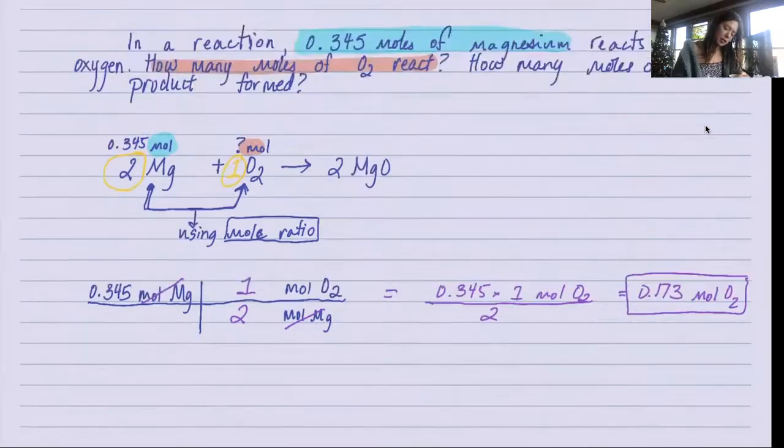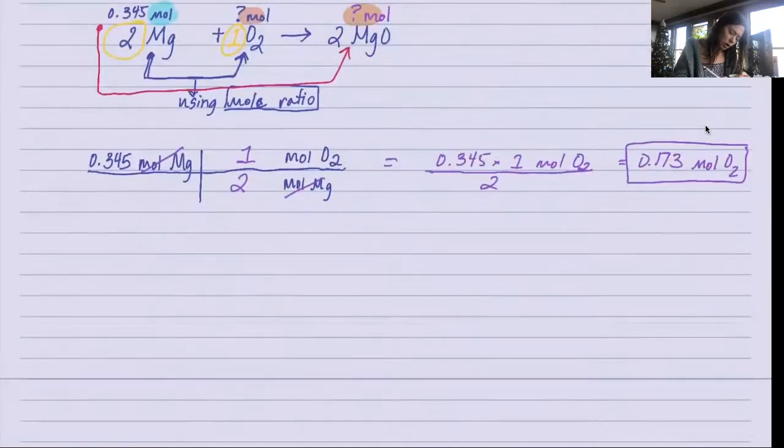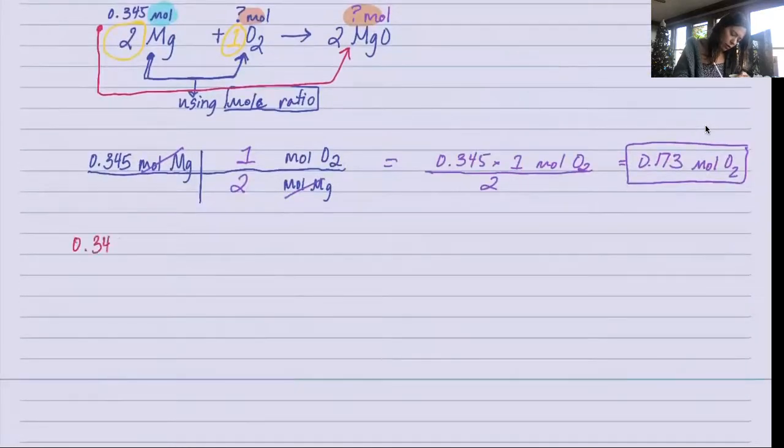We had another question. It said, how many moles of product formed? So that means we're being asked about this. How many moles. So let's go from what we know, this, to what we need, this. Start with what we have, 0.345. What? Moles. Moles of what? Magnesium.